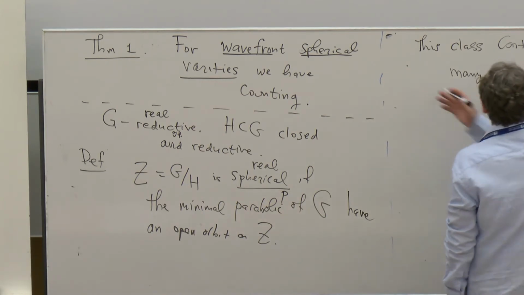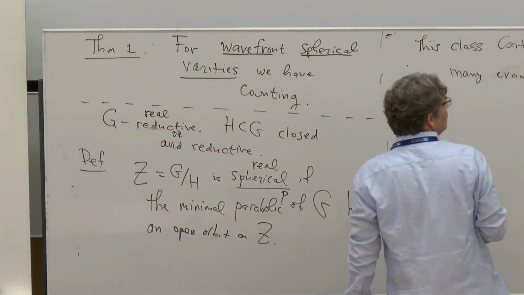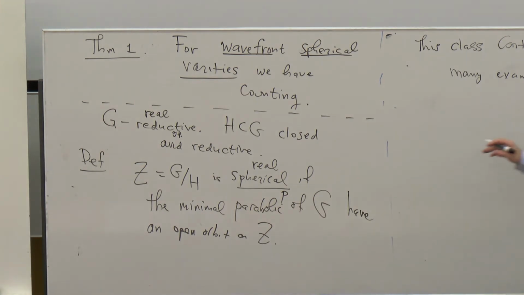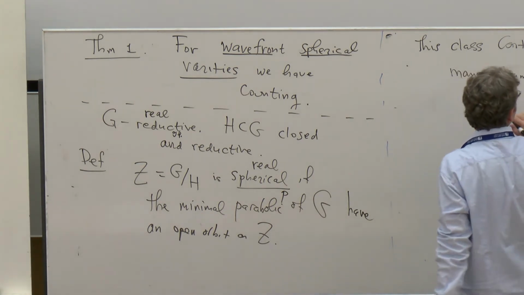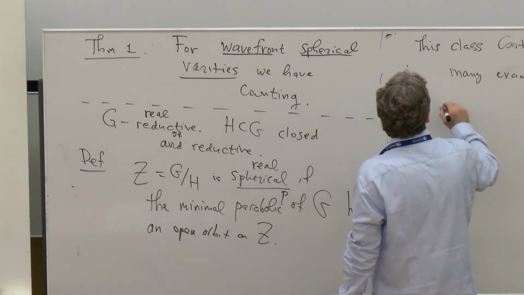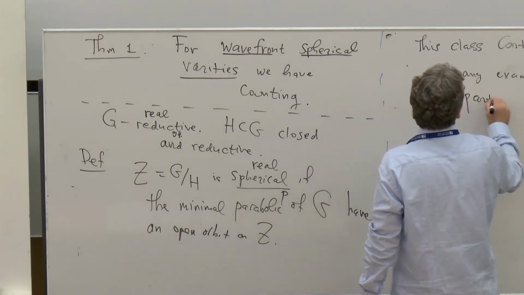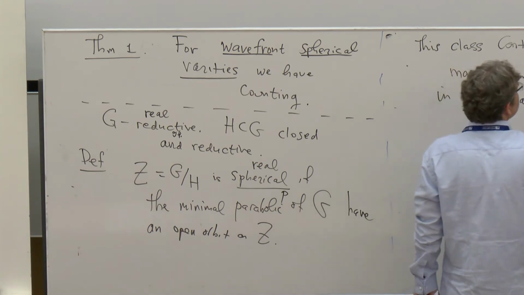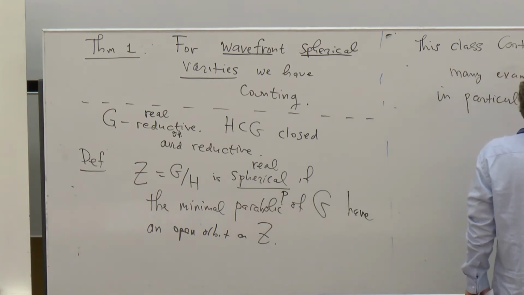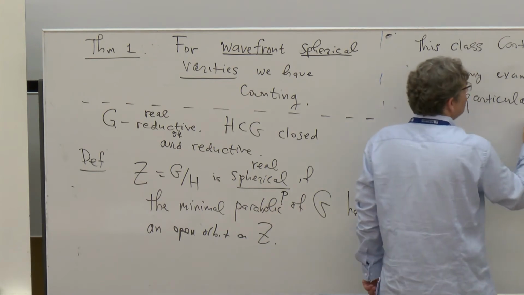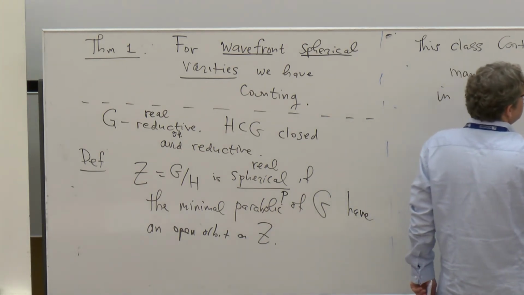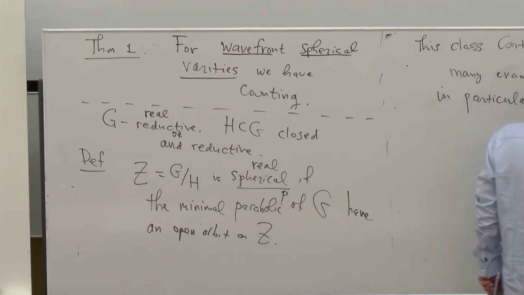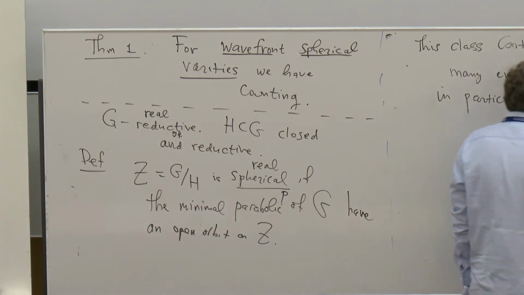This was maybe most promoted by Sakellaridis and Venkatesh, mostly by Yiannis. In particular, the examples like G times H, where H is diagonally embedded, where G and H are classical.